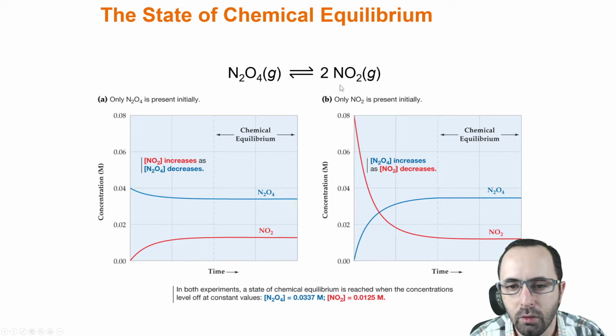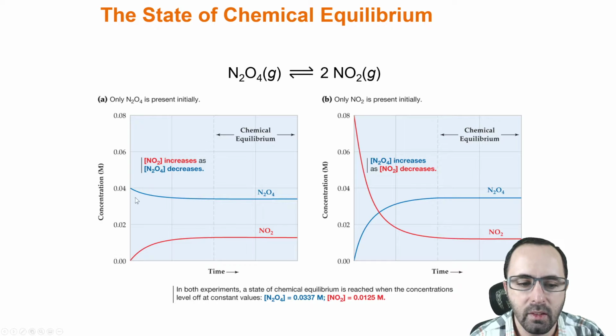And you can see the concentration of NO2 rises more rapidly because every time one N2O4 reacts, we produce two NO2s. But finally, after a certain amount of time has passed, the concentrations of N2O4 and NO2 continue to remain unchanged, and so they just flatten out forever.